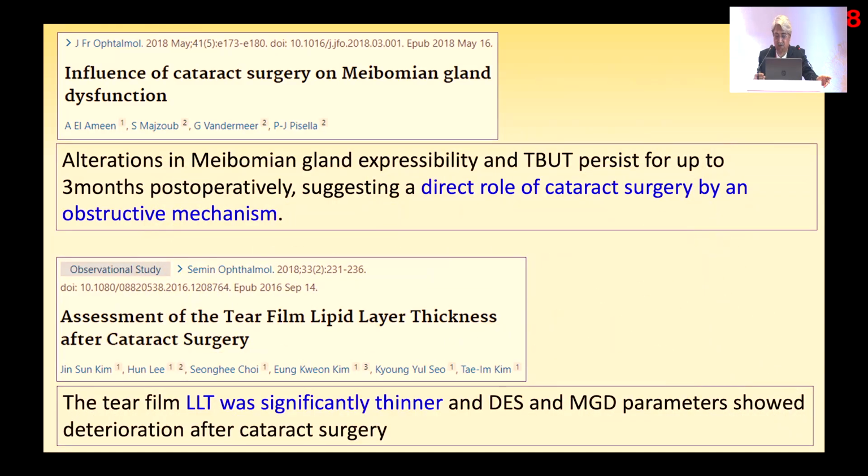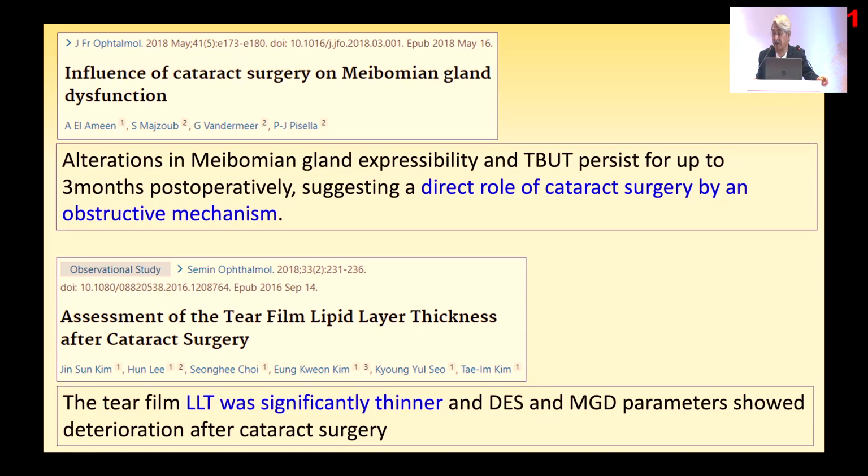There is a lot of literature, and all of it is recent, like 2018 onwards. You see that there are studies which have shown alteration of meibomian gland expressivity and a direct role played in cataract surgery by an obstructive mechanism. Tear film LLT significantly goes down.